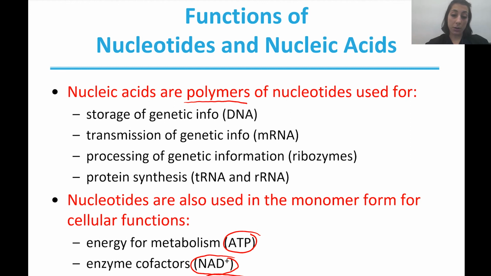It also occurs through a small nucleotide called cyclic AMP or cAMP. And we'll see these in examples as we go through this chapter. But just a reminder that not all of your nucleotides are in polymers and nucleic acids. We also use them for a variety of reasons in different functions.